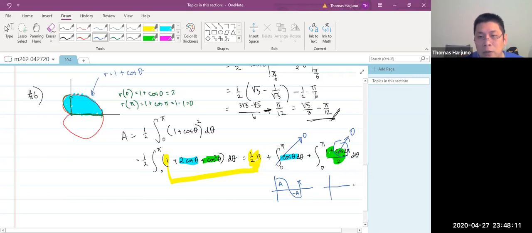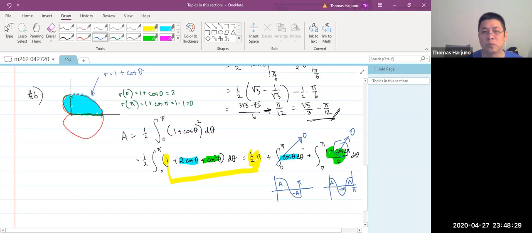In fact, the same thing can be said about this part, because from 0 to pi, the period is pi. So from 0 to pi, this is pi here. Now the area here is the same as the total area here.